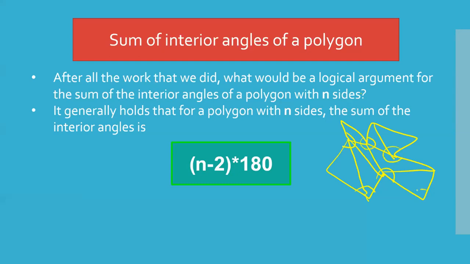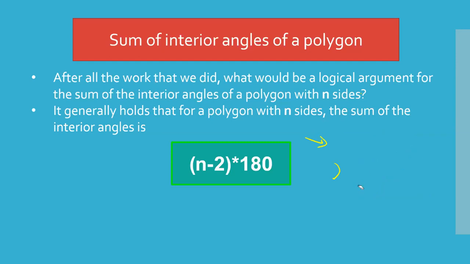If you don't need some of them, you can discard them. So this is more or less the proof, intuitively. But at the end of the day, this holds: if you want to find the sum of the interior angles of a polygon, it is n minus 2 times 180 degrees.